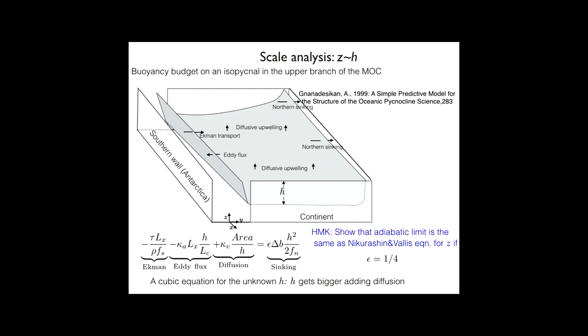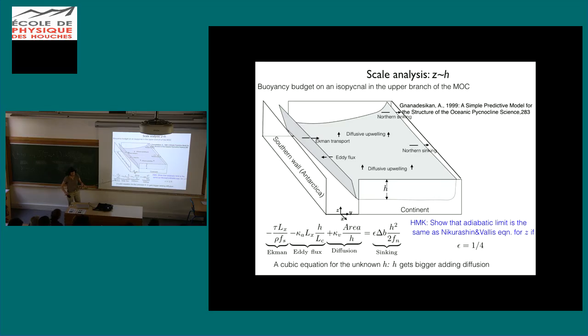Okay, so now, Nikurashin and Vallis have all these specific approximations. The isopycnals are straight here and then vertical there, and it's all a little bit contrived, but on the other hand, it leads to a simple solution. But at the end of the day, there's one part that is missing, and that is the diffusion, which in fact contributes to the residual circulation.